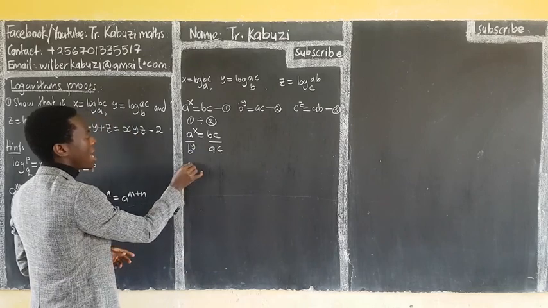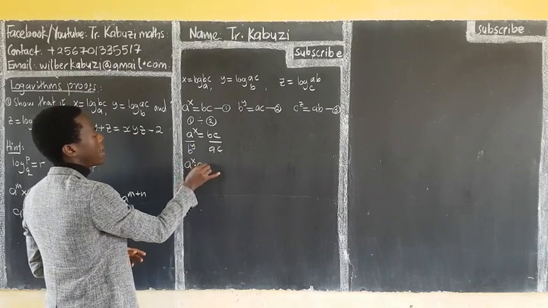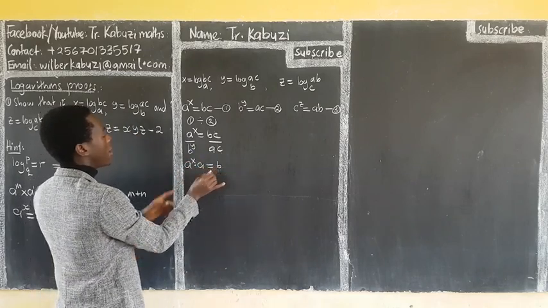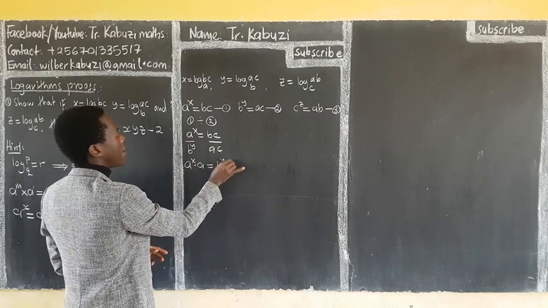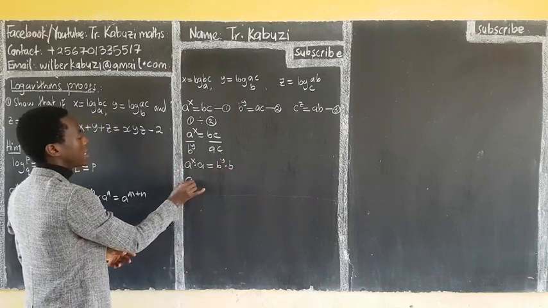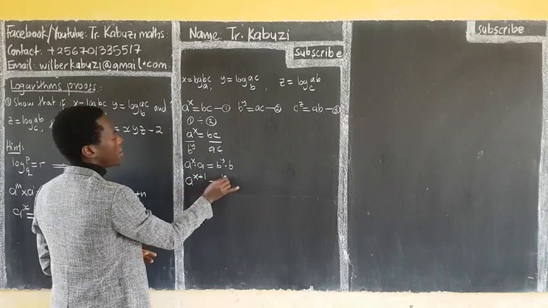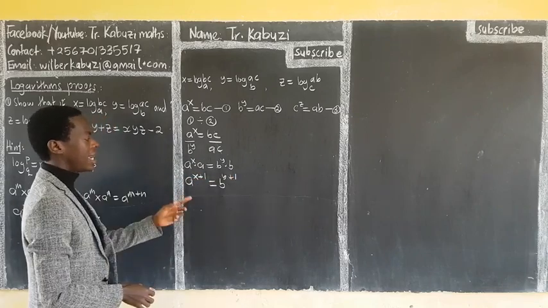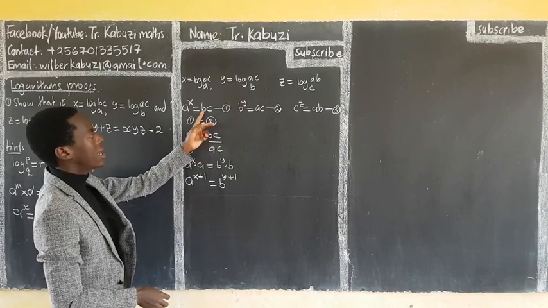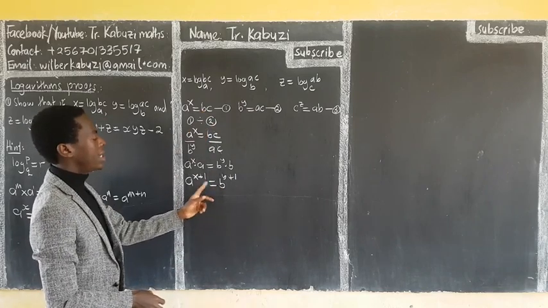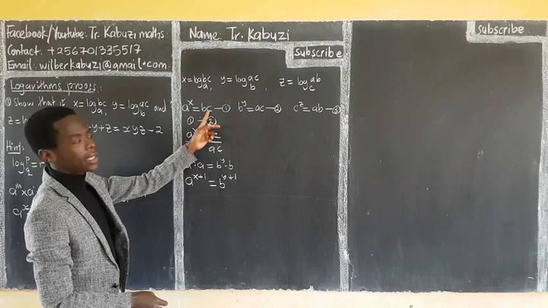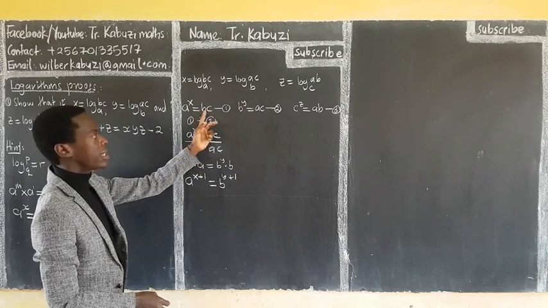When I cross multiply, I have a power x times a equal to b power y times b. So from here, a power x plus 1 is equal to b power y plus 1. I want to create one base. Instead, I'm going to create b in terms of a and also c in terms of a, so that I can substitute them here.